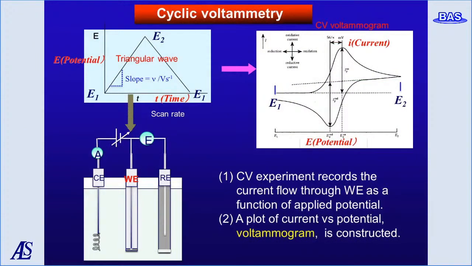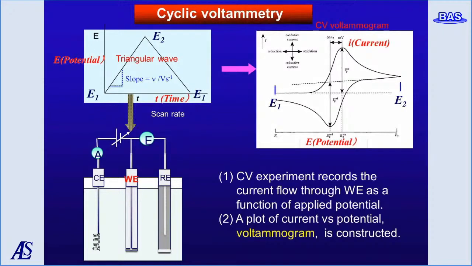At the last seminar, I talked about cyclic voltammetry, but I would like to shortly review it. In a 3 electrode cell, as shown here, in cyclic voltammetry, potentials are applied in the form of a triangular wave to the working electrode, WE.